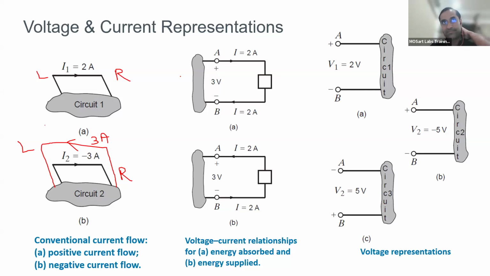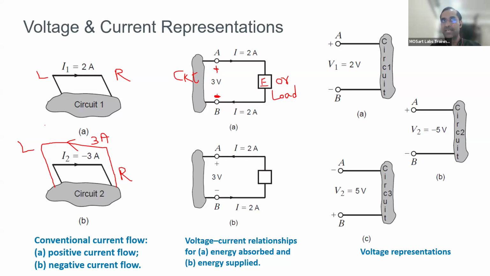If you see here, the first thing, you have a circuit. So this is your circuit, and the box you see here is an element. You can call it an element, or you can call it a load. Now, whenever you have the circuit, in this case, let's say the circuit has terminals which have 3 volts across the terminal.